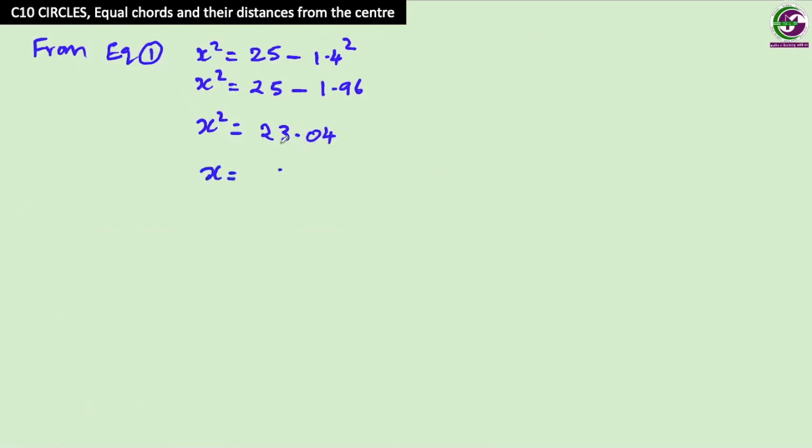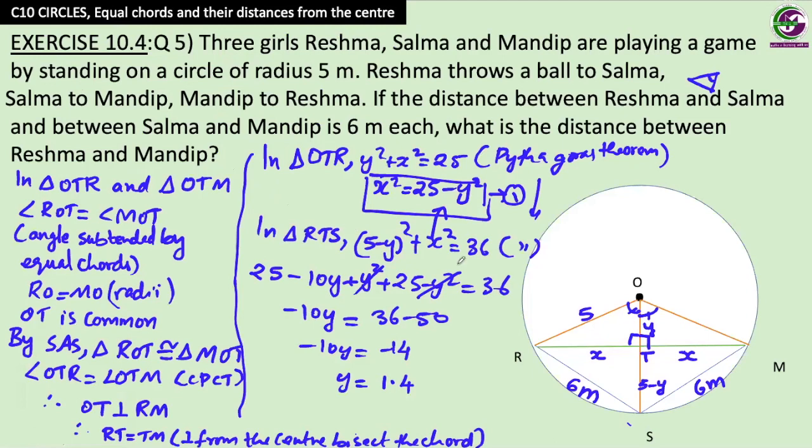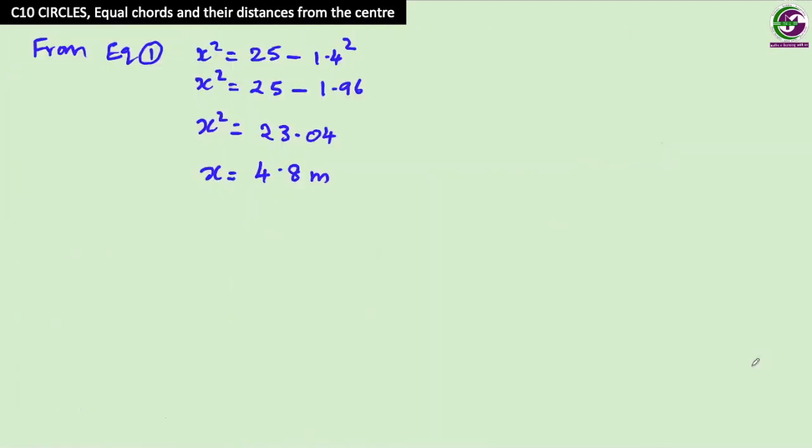So taking the root, which is very close to 25, it is 4.8 meters. X is 4.8, so RM will be 2 times 4.8, which is approximately equal to 9.6 meters, not exactly, because 23.04 is not a perfect square. So the distance between Reshma and Mandeep is approximately 9.6 meters. This is one of the methods.